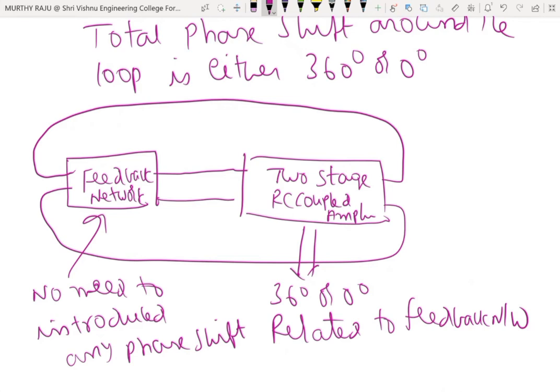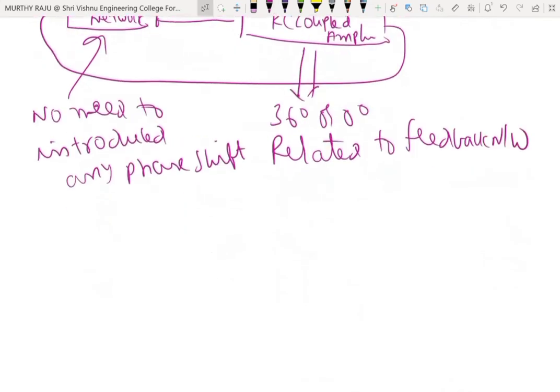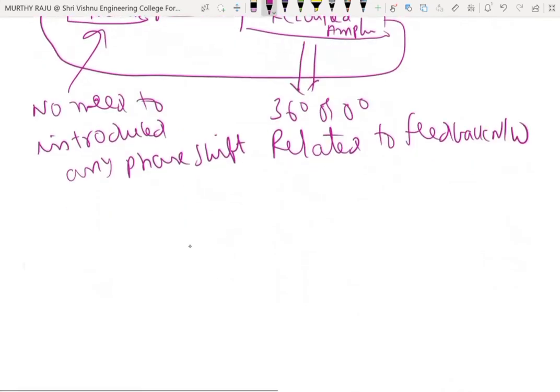For the Barkhausen criteria condition to be satisfied with 360 degrees, the feedback network need not introduce any phase shift. Consider this lead-lag network.